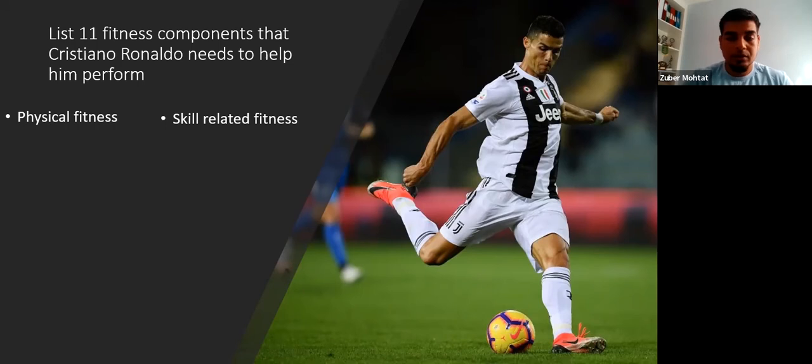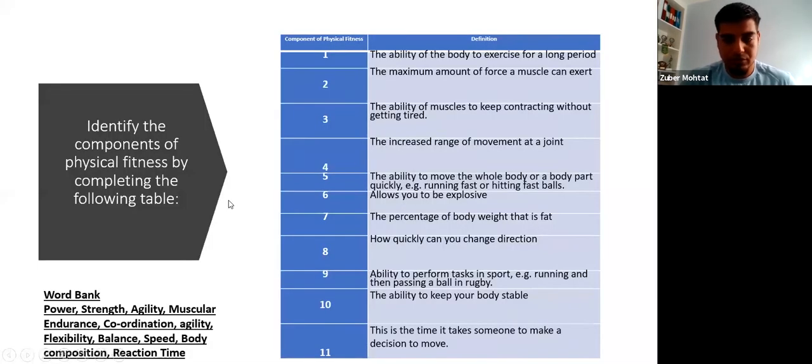Okay, so you've got a second activity. What you've got here is a table. On the right-hand side of the table, you've got a list of definitions. What you need to do is select the fitness component from the word bank at the bottom and match it with the correct definition in the table.